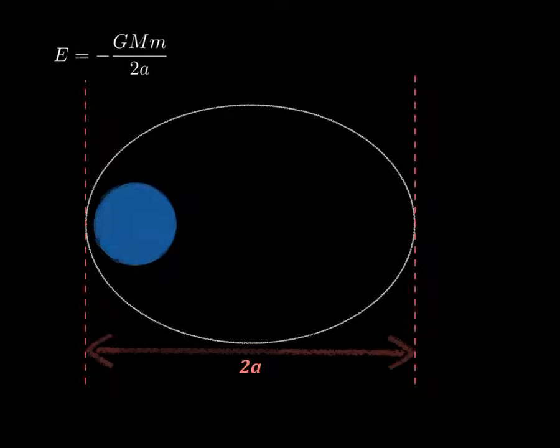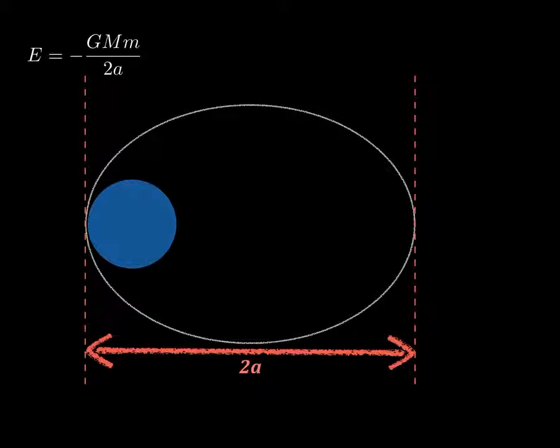So now what I'd like to do is show you a specific example to show you how this expression can be used. The example is there's a massive planet or something, and there's an object that's going to be orbiting in an elliptical orbit.